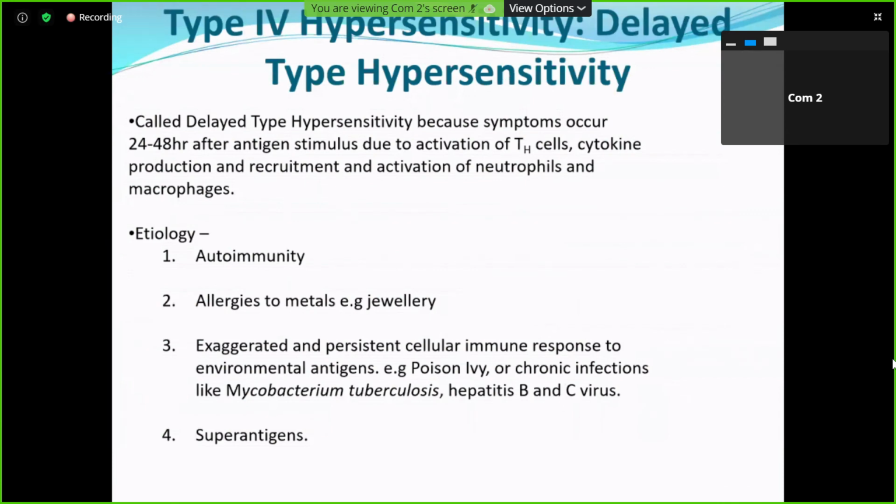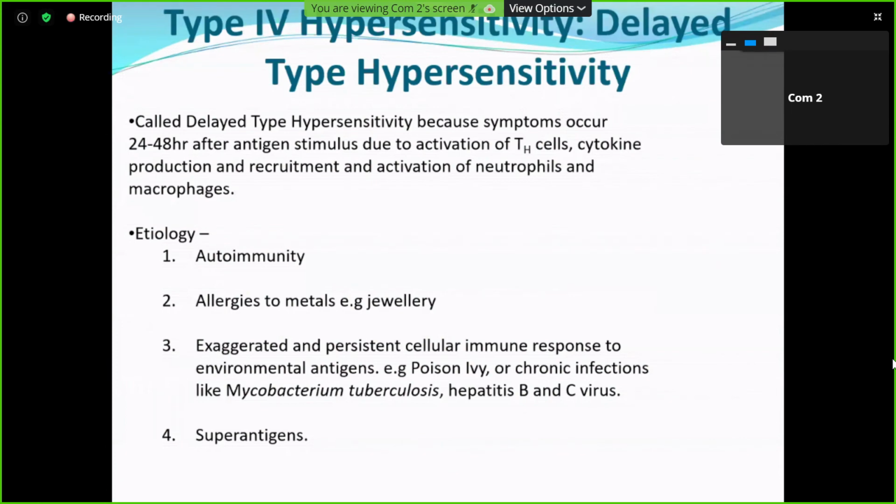Type 4 hypersensitivity, as I said, doesn't involve antibodies, but predominantly inflammatory cytokines in the context of Th1, Th17 type responses. The situations where this happens are autoimmune responses, like rheumatoid arthritis and systemic lupus erythematosus.